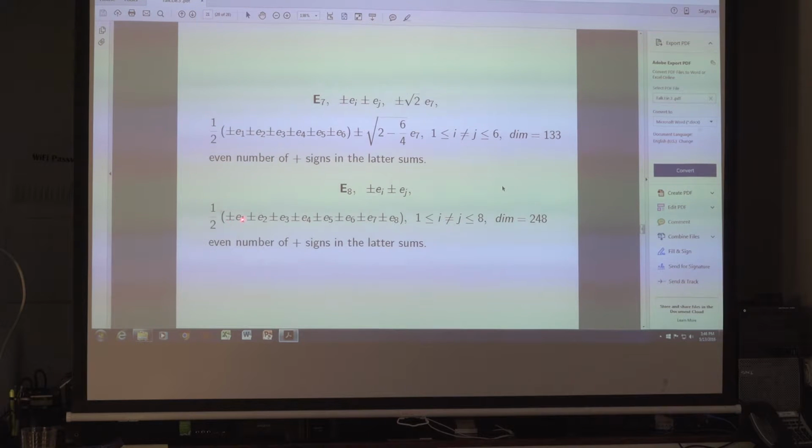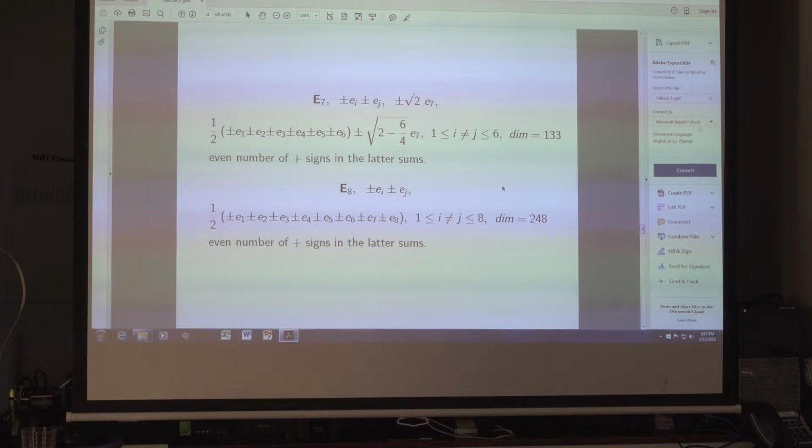I think this is how you construct the root lattice of E8, if I remember, where the entries could be positive numbers or 1/2. Raymond, remember that? You can take an even number of plus signs.